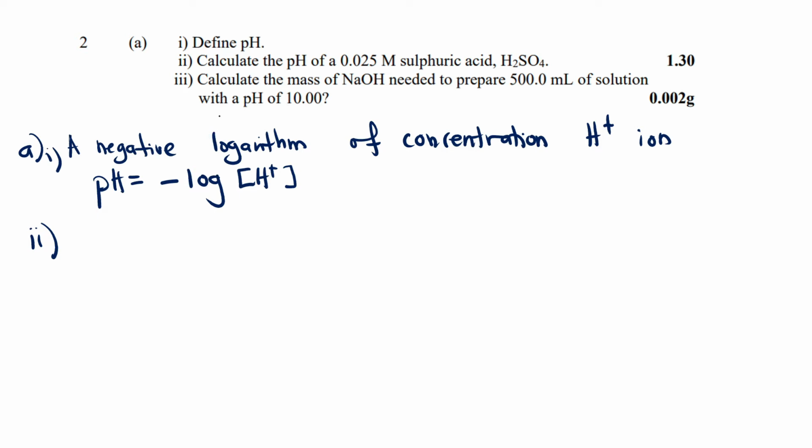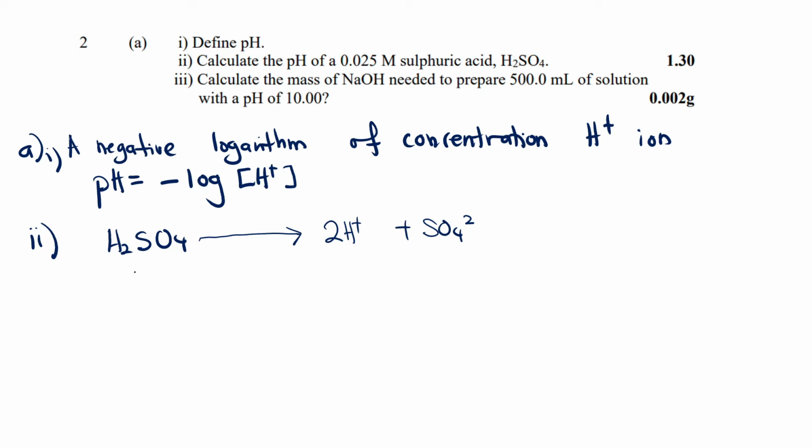Calculate the pH of 0.025 molar sulfuric acid, H2SO4. H2SO4 produces 2H plus plus SO4 2 minus.